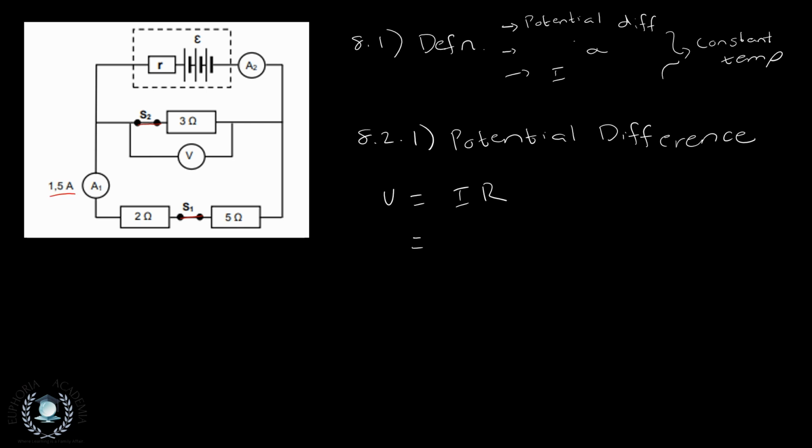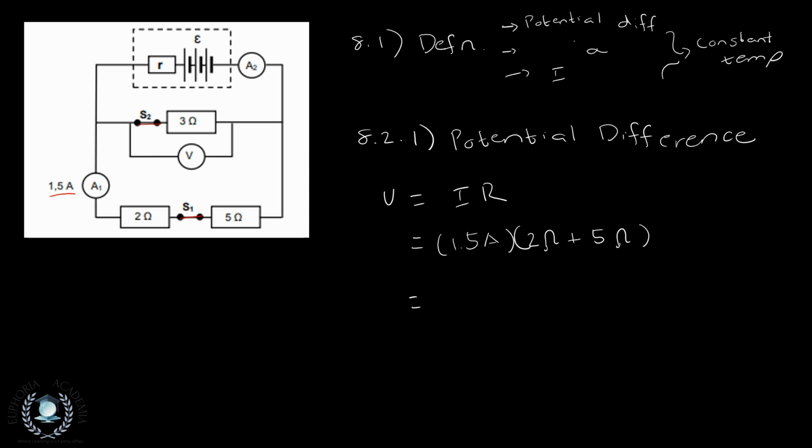that is read by the ammeter A1, and that is going to be 1.5 amps, and that will be multiplied by the resistance of the two resistors, right? Because we're looking at the whole branch of this parallel circuit, to compute the voltage across this whole parallel circuit.